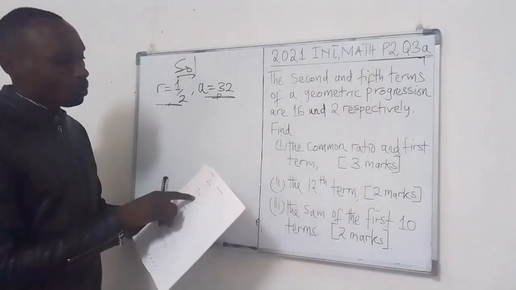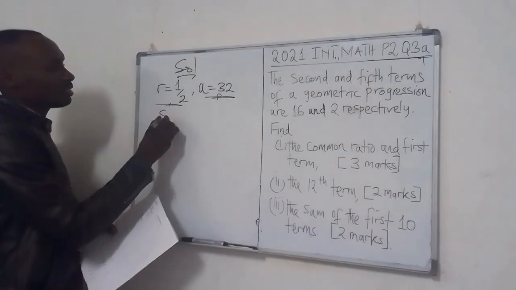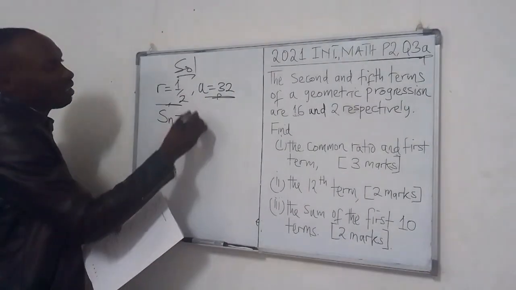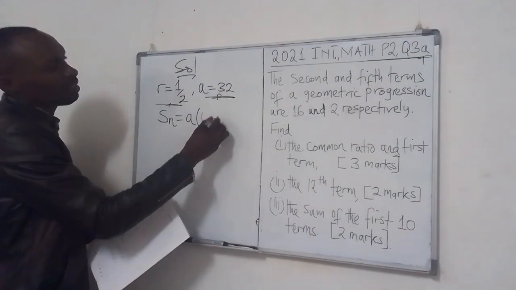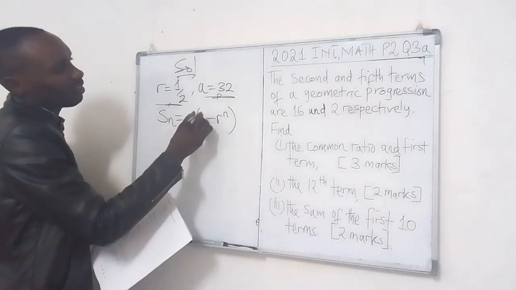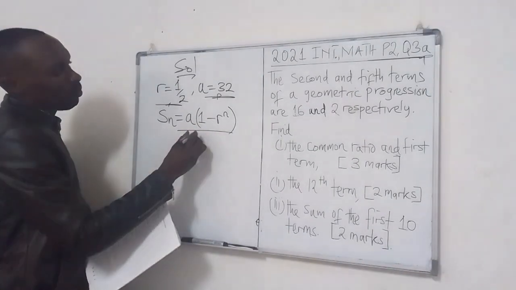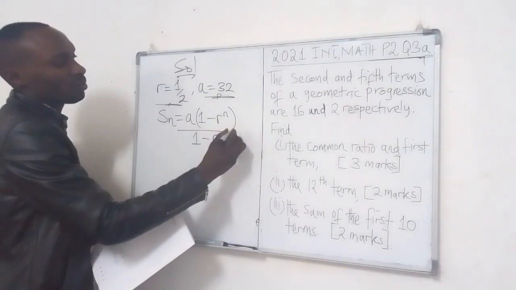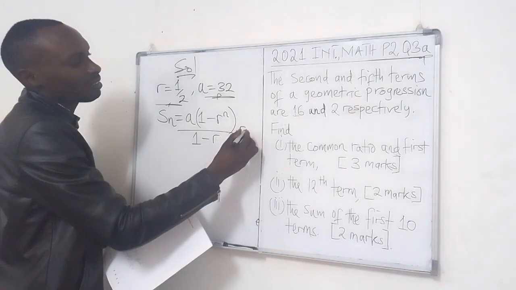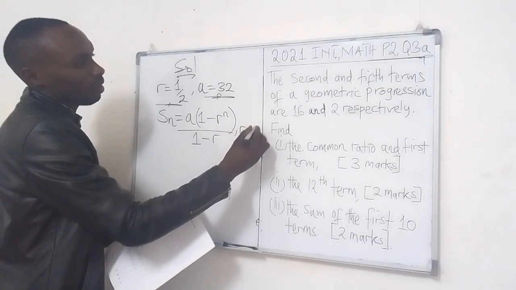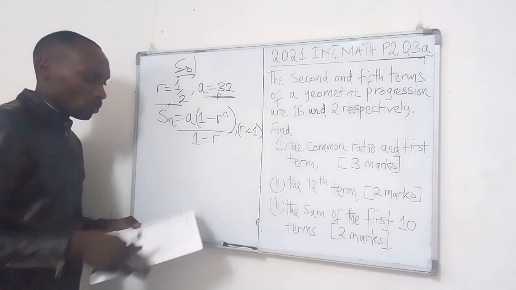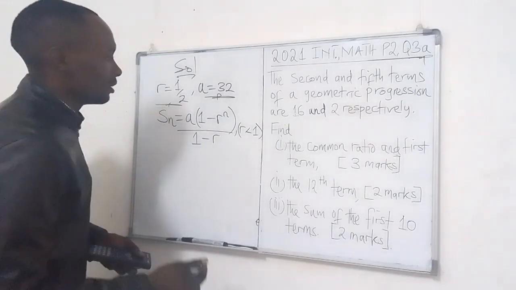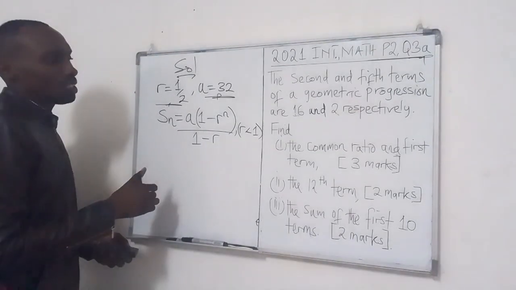So we have to work with the first one, which is Sn equal to A, open bracket 1 minus R to the power n, then over 1 minus R. This is where R is less than 1, and that condition is satisfied here.